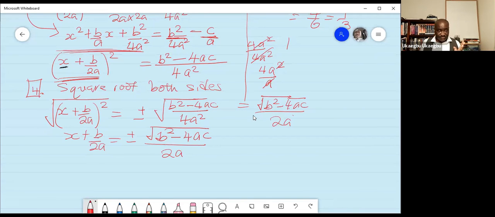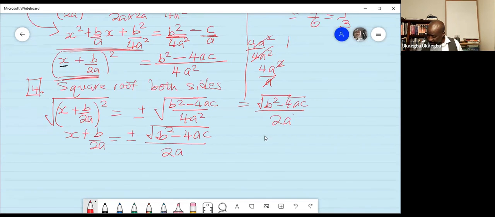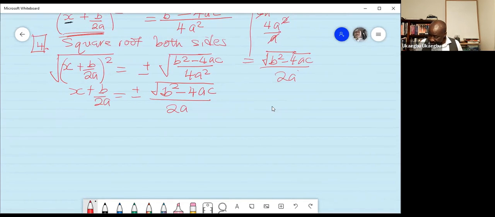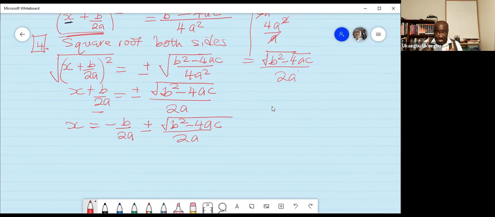So we have 2 more steps now. So we transfer this to the right side. That's going to give us x equal to, and when you transfer a number, the sign changes. So you are going to have negative b over 2a plus or minus the square root of b squared minus 4ac divided by 2a.